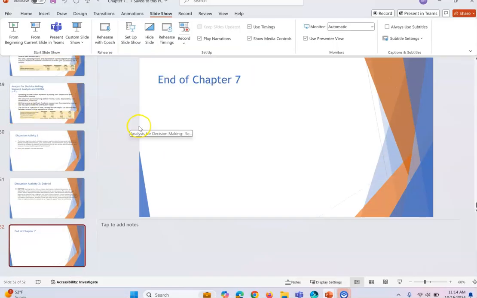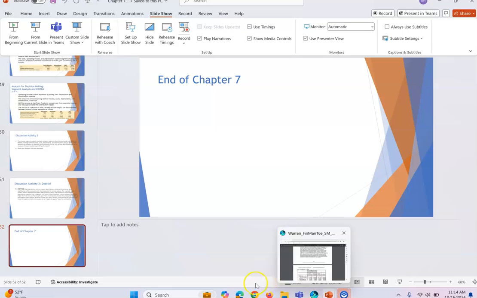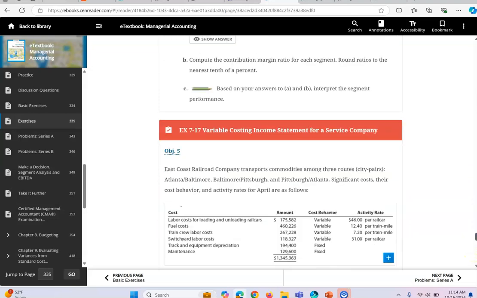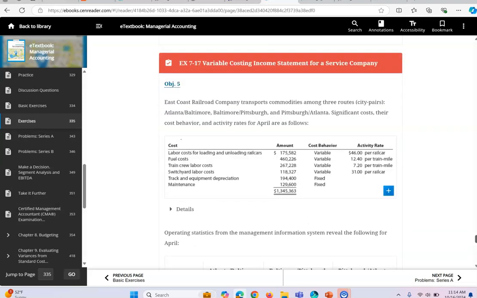Let's look at one last problem. Okay? Let's look at Exercise 7-17, variable costing for a service company. East Railroad Company transports commodities among 3 routes: the Atlanta-Baltimore, the Baltimore-Pittsburgh, and the Pittsburgh-Atlanta.